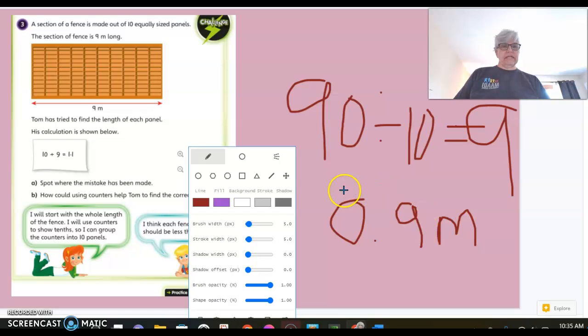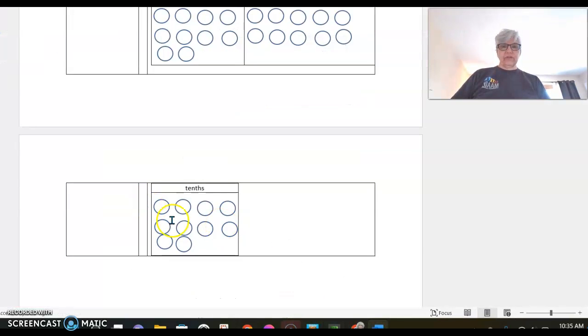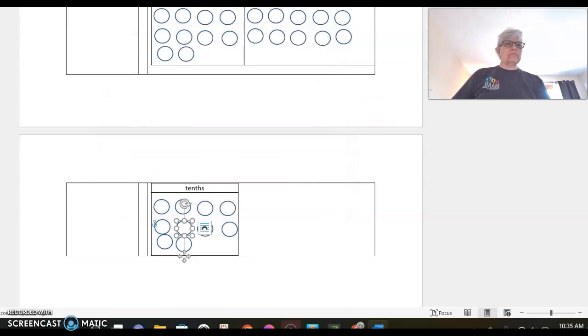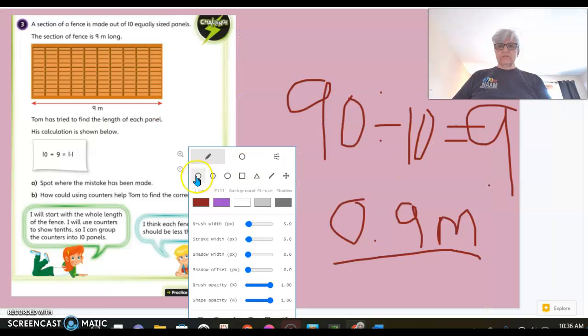All right, because 90 divided by 10 is equal to 9. So our length would be 0.9 because we would use 9 for each group, and we would find that each tenth would then have 9 in them. Hopefully this makes sense to you.